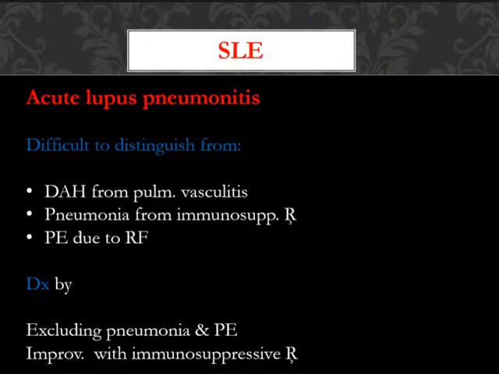It is difficult to distinguish from other conditions which are also present in SLE, like hemorrhage from pulmonary vasculitis, pneumonia from immunosuppressive therapy the patient has taken, or edema due to renal failure. So to diagnose lupus pneumonitis, we should exclude pneumonia and pulmonary edema, and we see rapid improvement with immunosuppressive therapy in acute lupus pneumonitis.